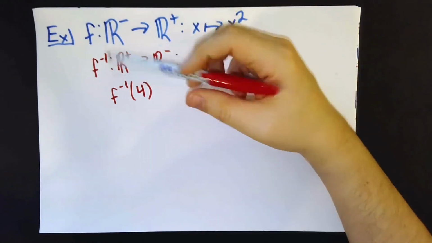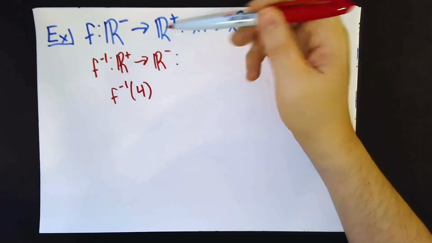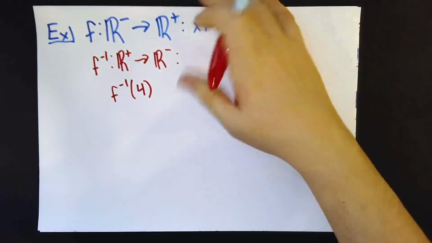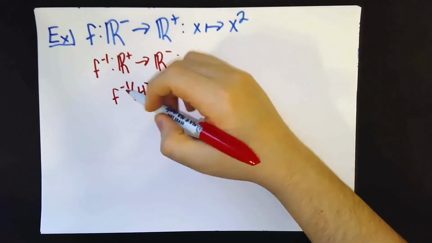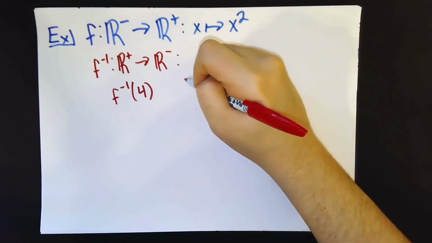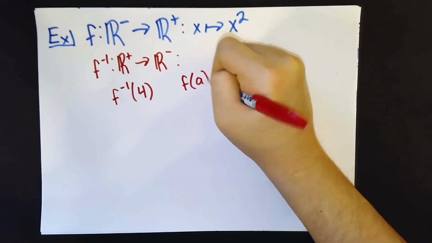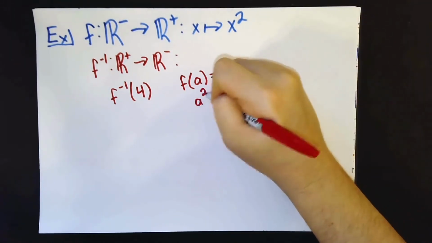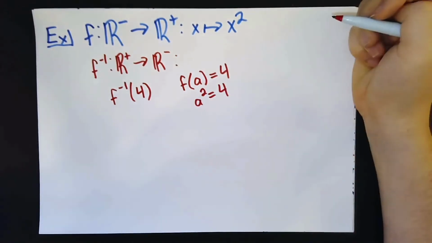And let's make sure we understand what this is for this particular weird function, and then we'll be able to guess, I think, what the correct inverse function here is. So what is f inverse of 4 supposed to be? It's supposed to be the solution to the equation f of a equals 4. So it's supposed to be the solution to the equation a squared equals 4.